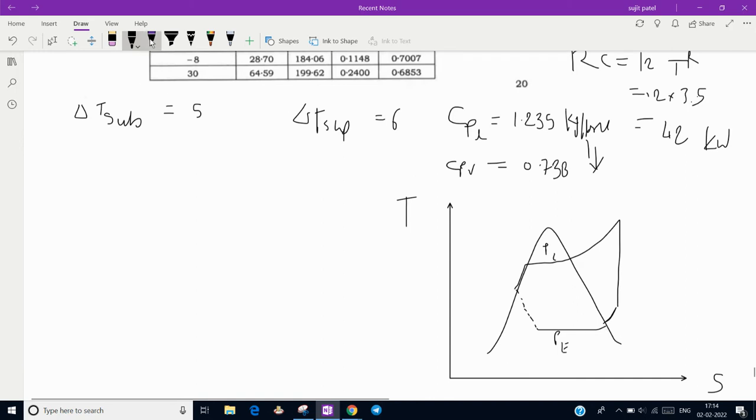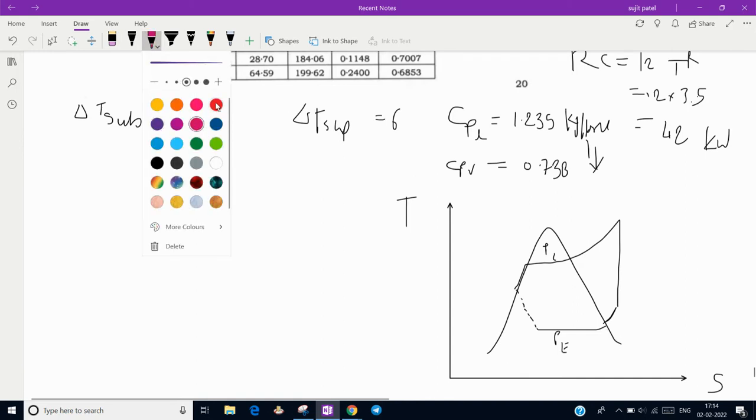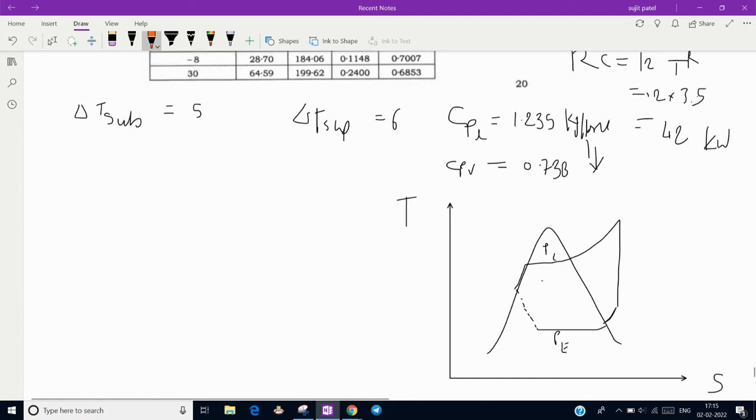I'm giving names to all the points: point 1, 2, 3, 4, 5, 6, and 7. This is the direction of the flow. So 1 to 2 is inside the evaporator, that is superheating, and 5 to 6 is called subcooling.